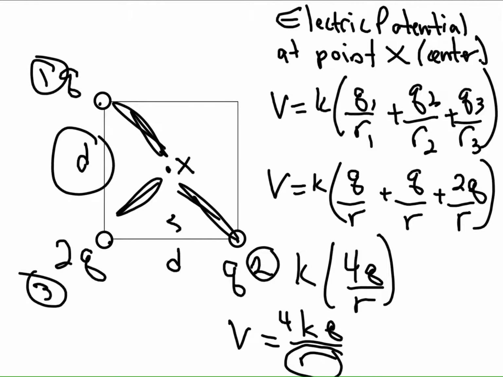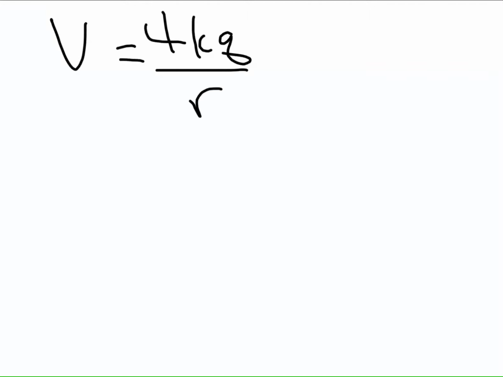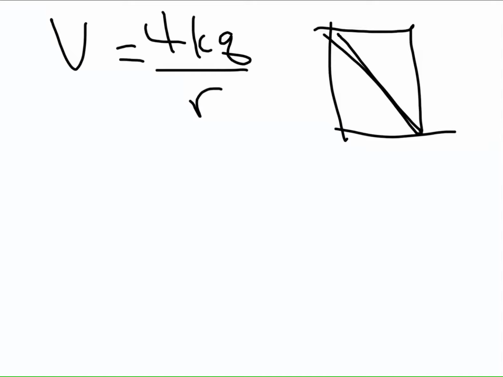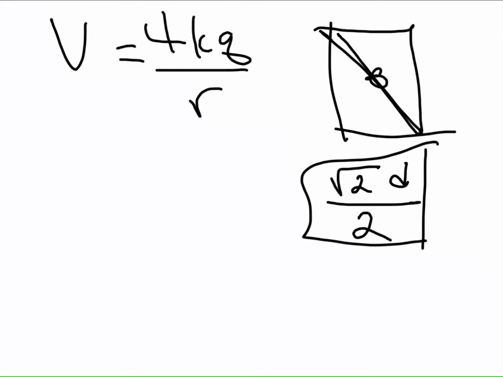Now obviously I'm not just going to leave this as R. I'm going to put it in terms of D. Remember that the diagonal of a square is just rad 2 times the side. Half the diagonal is rad 2 over 2 times the side of that square.